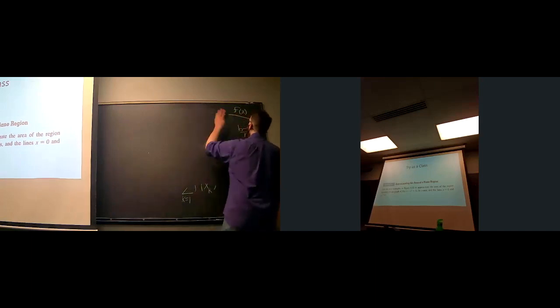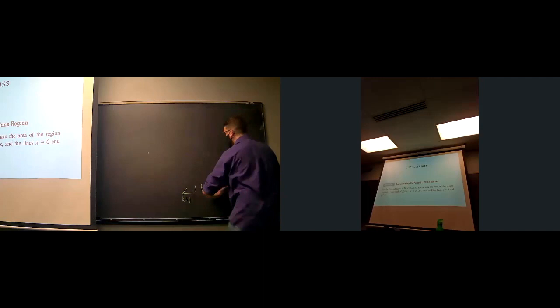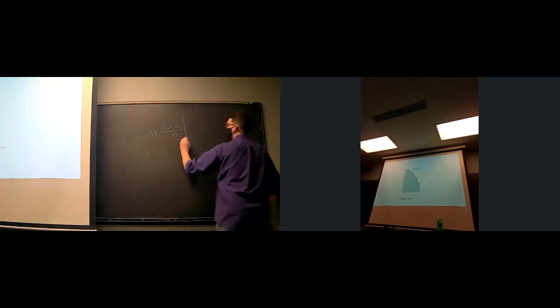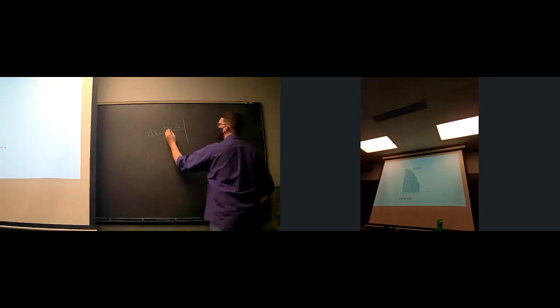What I'm going to do is walk us through these problems. To start off with, we need to break up our interval from 0 to 2 into 5 equal parts, right? So our delta x is going to be b minus a divided by n or k or whatever you want to index it with.